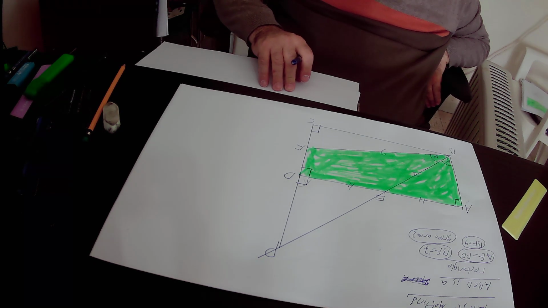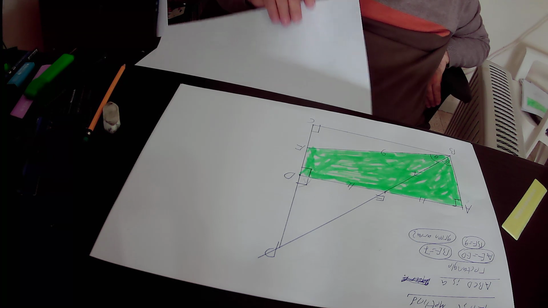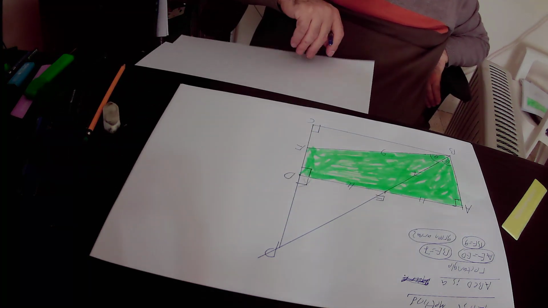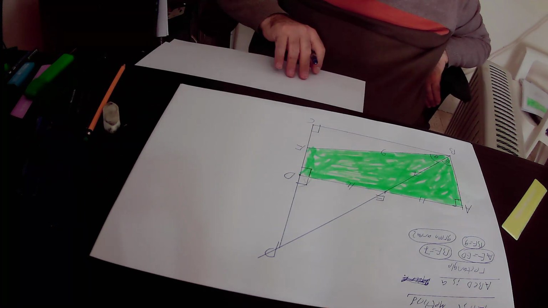And we have rule number 2. So we know that AB is parallel to CP.